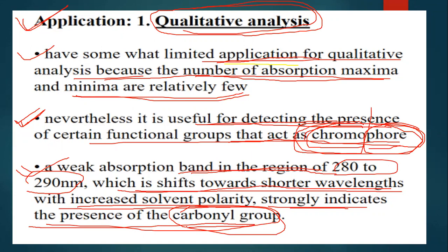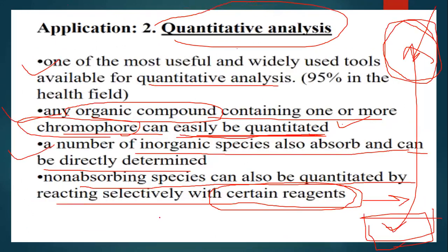If you want to find out the carbonyl group, you have to increase the polarity of the solvent, and as you increase the polarity, the wavelength shifts, and you come to know the presence of a carbonyl group in the sample. This is how you can find carbonyl groups.